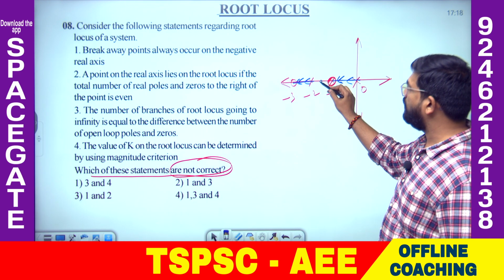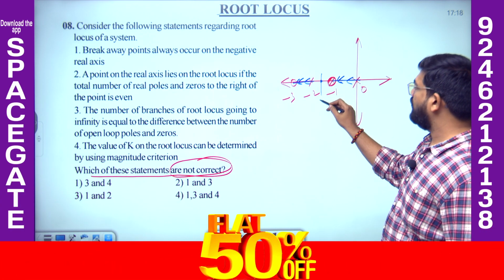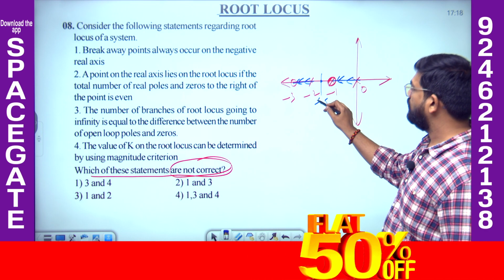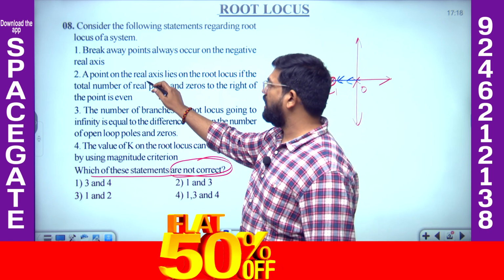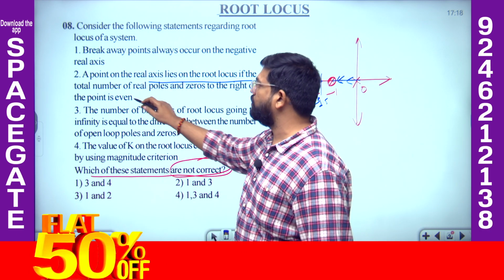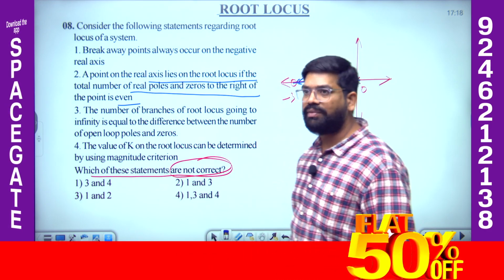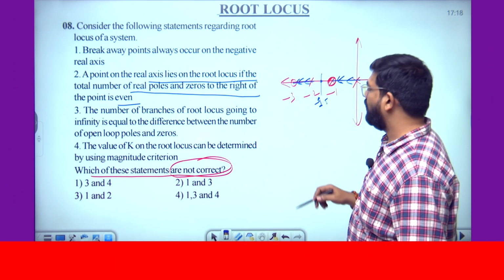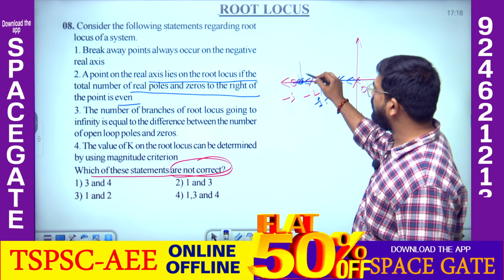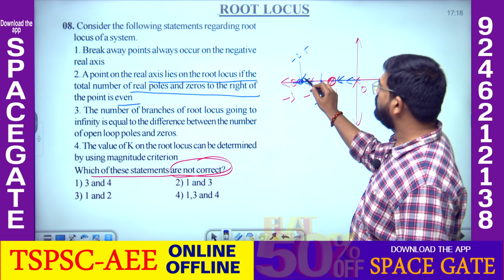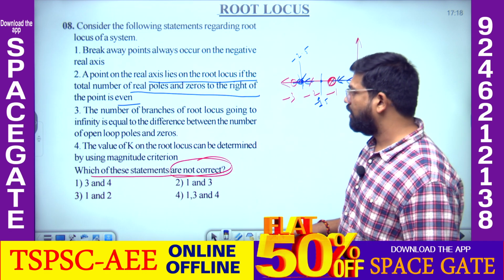Suppose I select -1.5. To the right hand side of -1.5, how many poles and zeros are there? 2. So the statement that a point on the real axis lies on the root locus if the total number of real poles and zeros is an even number is wrong, because -1.5 is not part of the root locus. Suppose I take -2.5; to the right hand side of -2.5 there are 1, 2, 3, which is odd.